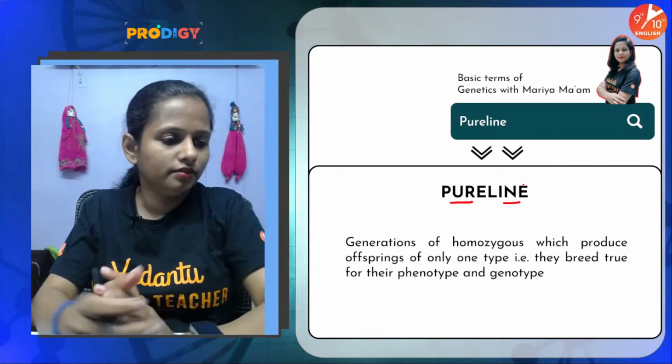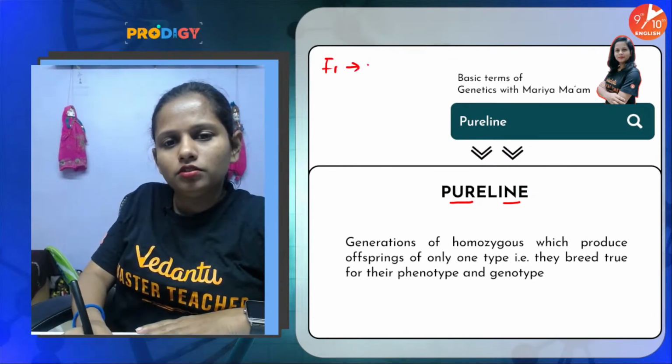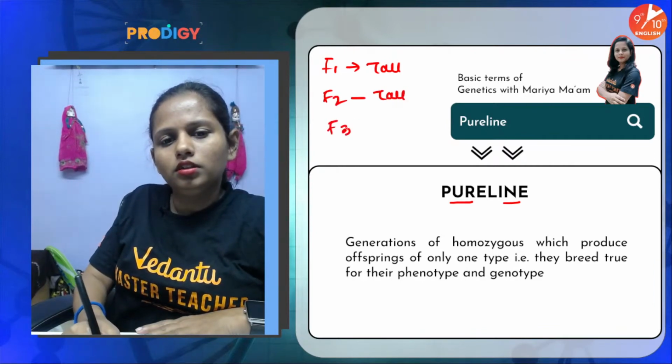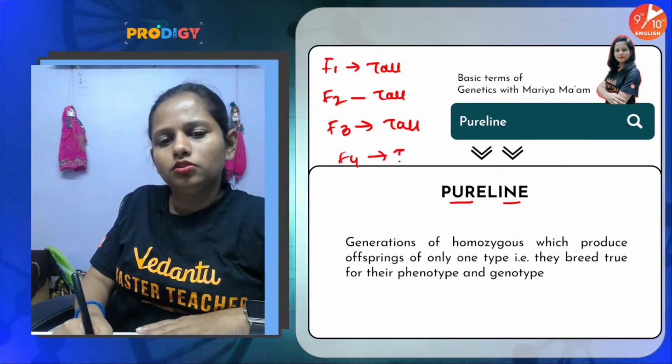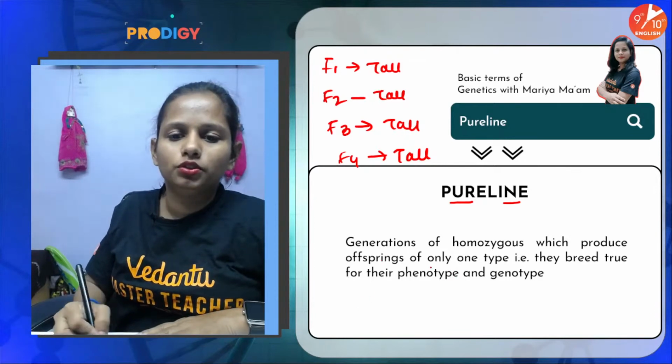Then the last and the final term, that's the pure line. What is pure line? Suppose first generation you got tall individuals, second generation tall, third generation tall again, fourth generation tall again. So every time you are getting only tall individuals.